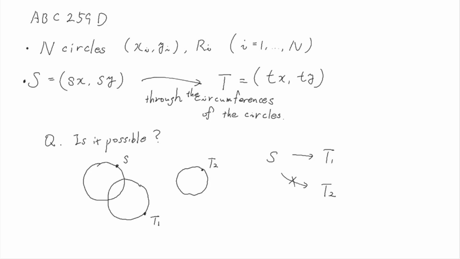And also we have 2 points S and T, and these coordinates are expressed as (Sx, Sy) and (Tx, Ty), and these points are on some circles.